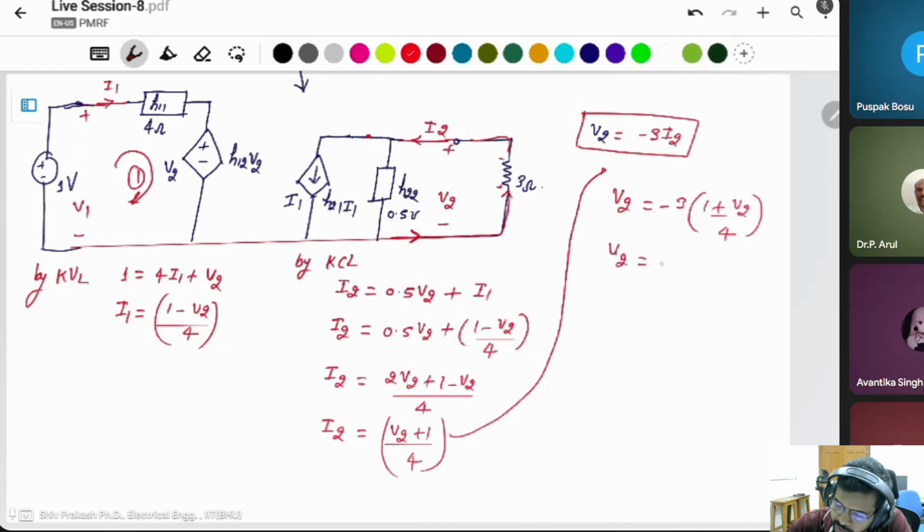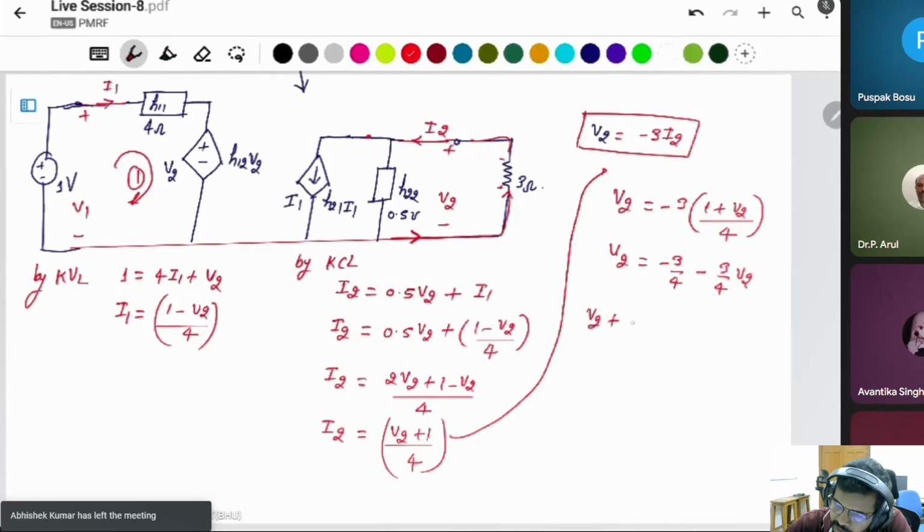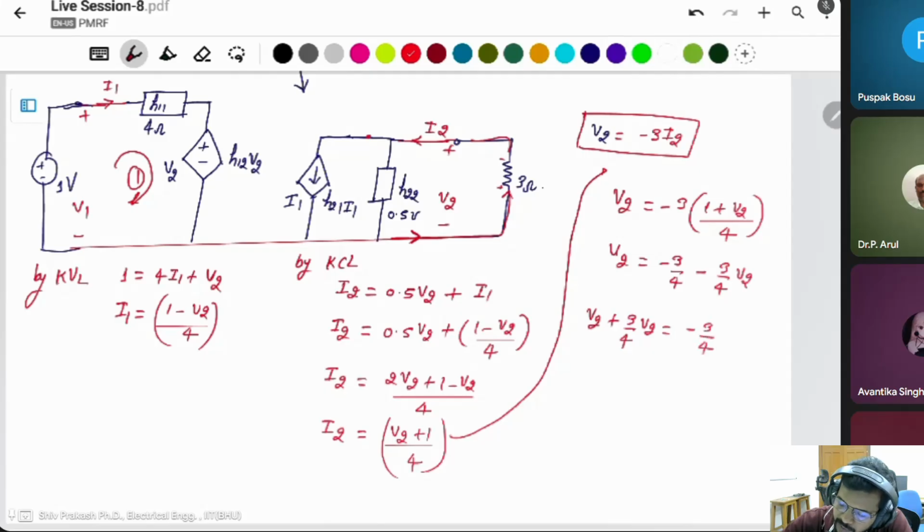V2 is equal to minus 3 by 4 minus 3 by 4 V2, then V2 plus 3 by 4 V2 is equal to minus 3 by 4.